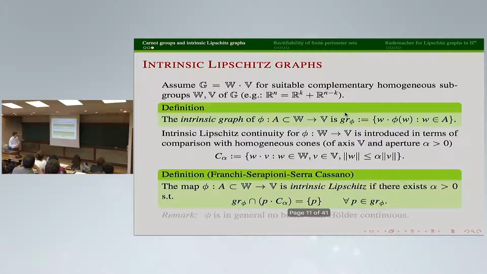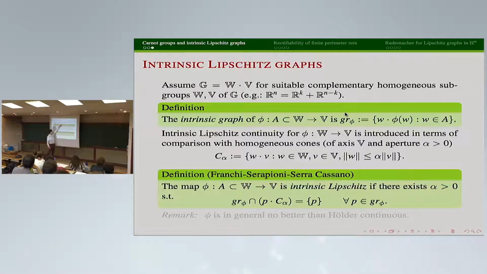And the definition of intrinsic Lipschitz continuity for a map from W to V is given in terms of this cone. So we say that phi is intrinsic Lipschitz if the graph of phi, that I introduced there, enjoys this comparison with cones property. So when I pick a point P in the graph, and I look at the cone now with vertex P, so I left translate the cone to the point P, and I intersect it with the graph of phi, then I get just the vertex itself.